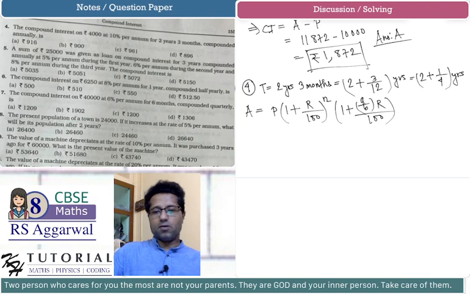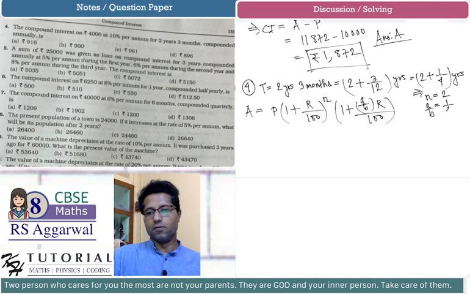Okay. Now, how do we know what is n and A by B? We will get it directly from the period of time, that is T. T is 2 and 1/4 years. So from here we can say n is equal to 2 and the fraction A by B is equal to 1 by 4.